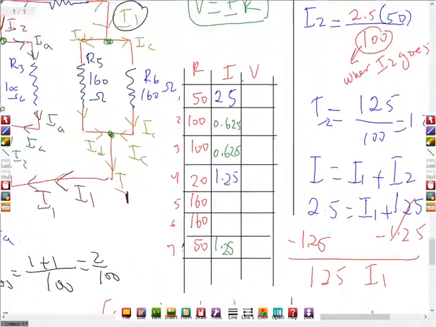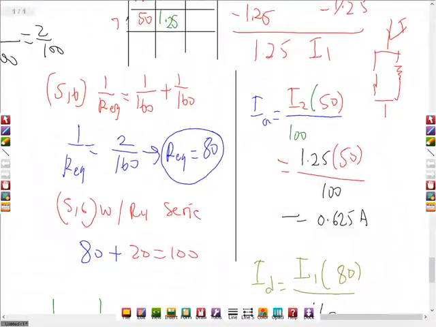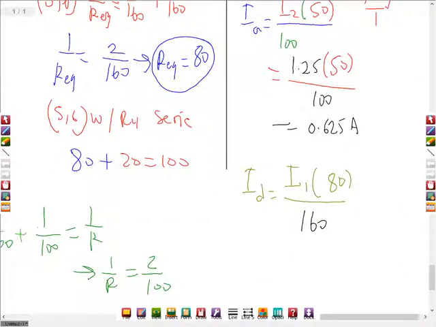We find ID is the same as IC because we have the same resistor. If you notice something here, which is 1.25, and this one, 2 divided by 2, which is the same ampere.